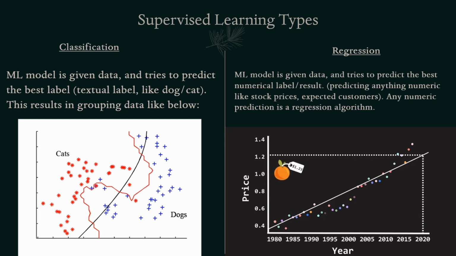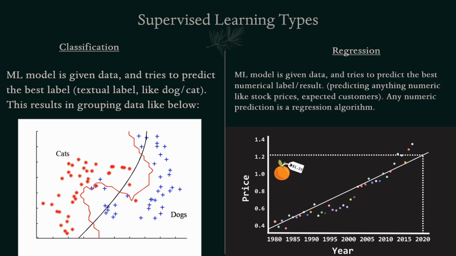And now we're going to divide that up into two different types, and they're pretty simple types. The names might sound a bit scary, but they're not at all, trust me. Classification is just you giving the data to the model, and it tries to predict a textual response.